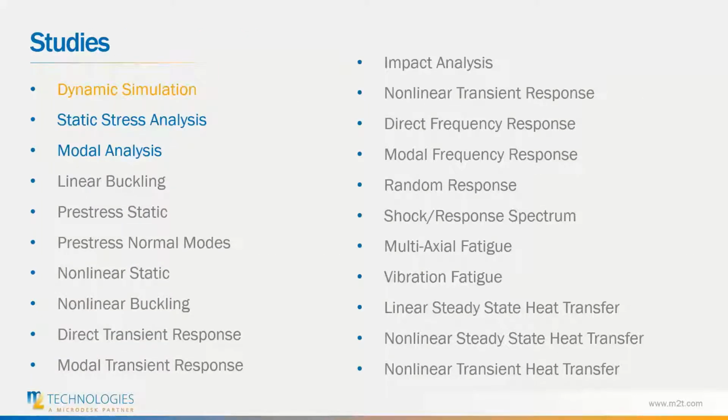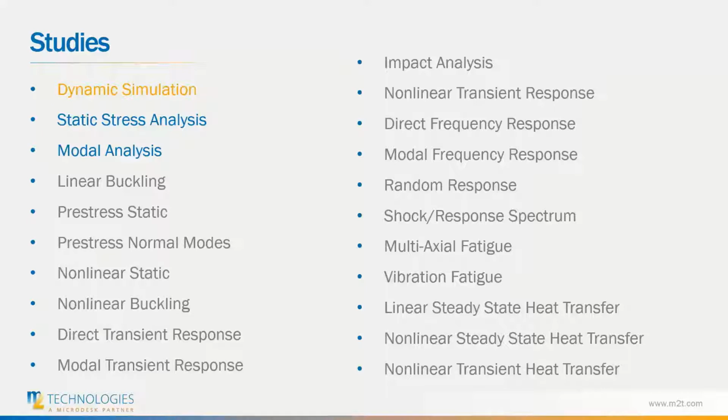Here we can see a quick overview of some of the different analyses you're able to run using these tools. At the very start, you can see in yellow we have the dynamic simulation, which is run by the dynamic simulation tool. From there, we have the frame analysis and stress analysis, which can run a static stress analysis and modal analysis each.